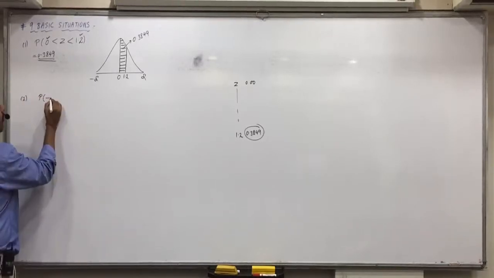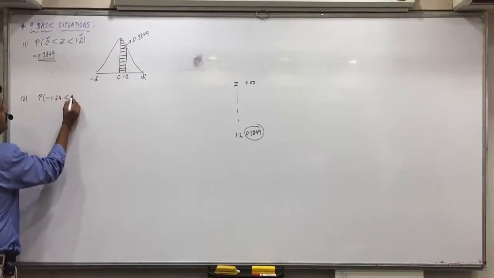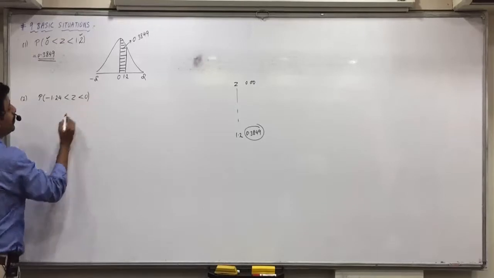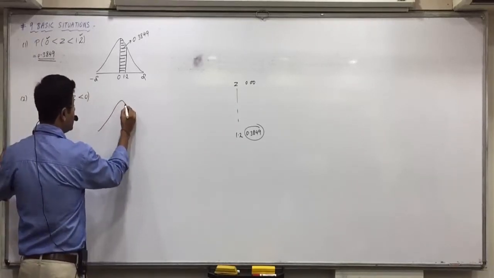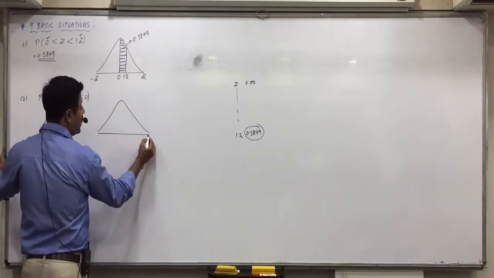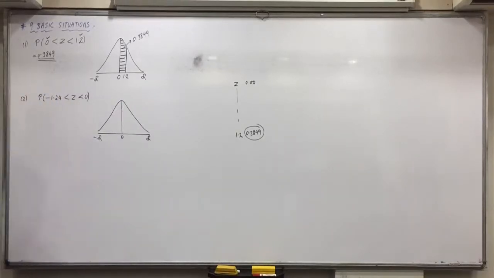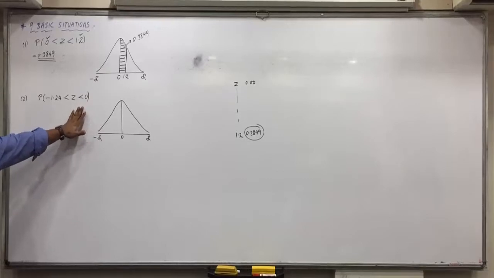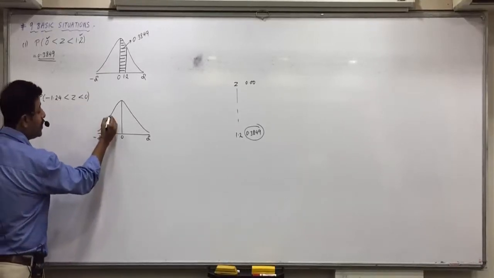Second: probability from minus 1.24 less than Z less than 0. Now understand this second concept, all of you. Put your pens down. For the first 4, no one will write while I am explaining, and from the 5th onwards, I'll do 5 and you'll try 6 on your own. First of all, we need two values in the diagram, minus 1.24 and 0. Minus 1.24 will come between minus infinity and 0.